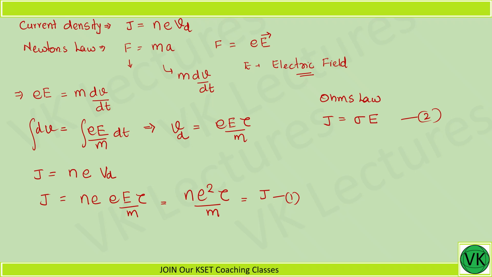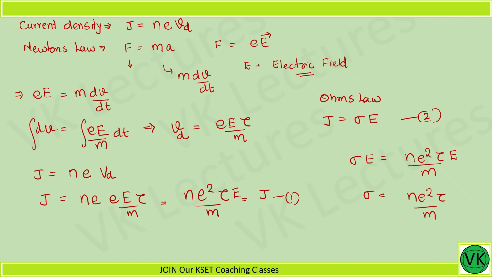Comparing equation 1 and 2, we get sigma E is equal to n e square tau E by m. E is there on both sides, so sigma will be equal to n e square tau by m. This is how we get the formula.